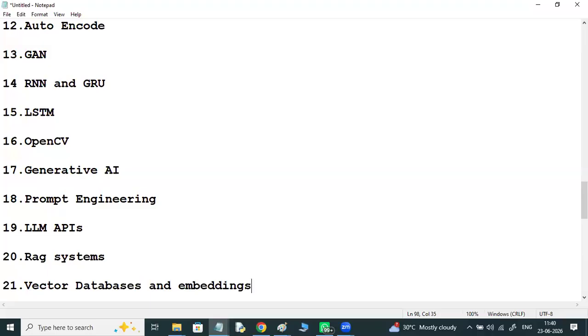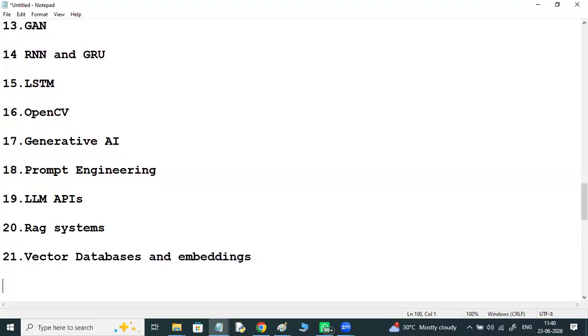A vector database also stores unstructured data as high dimensional numerical representations, what we call vector embeddings. And we also discussed LLM ops.